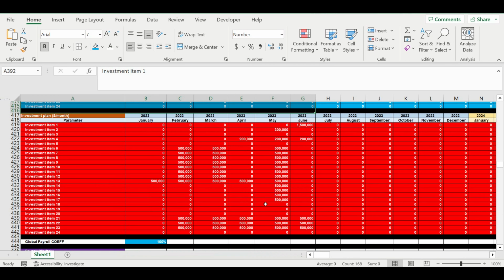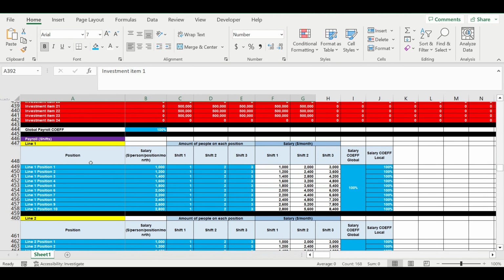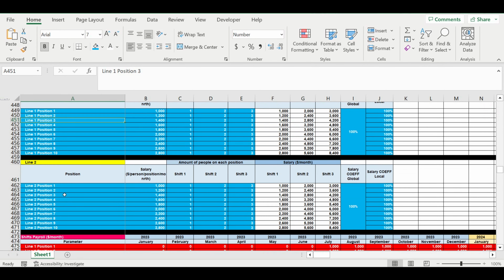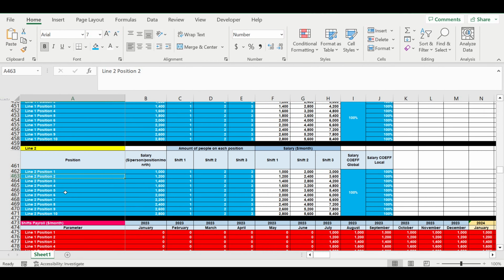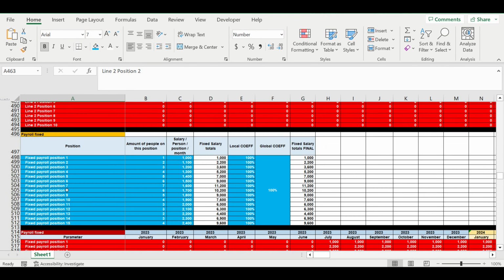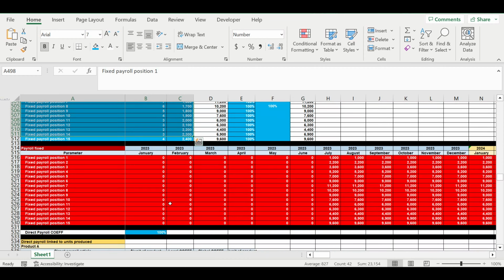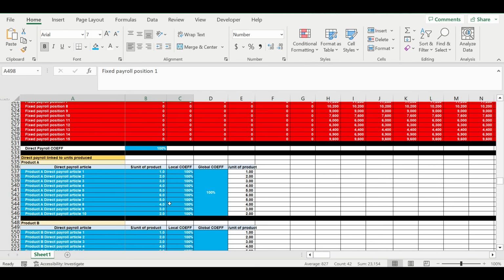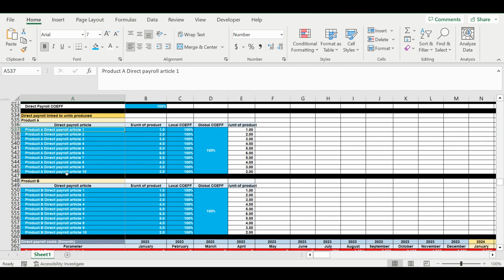Then we move to payroll for line number 1, line number 2. Then we focus on fixed payroll. Then we move to payroll linked to the amount of units of product A and product B produced.